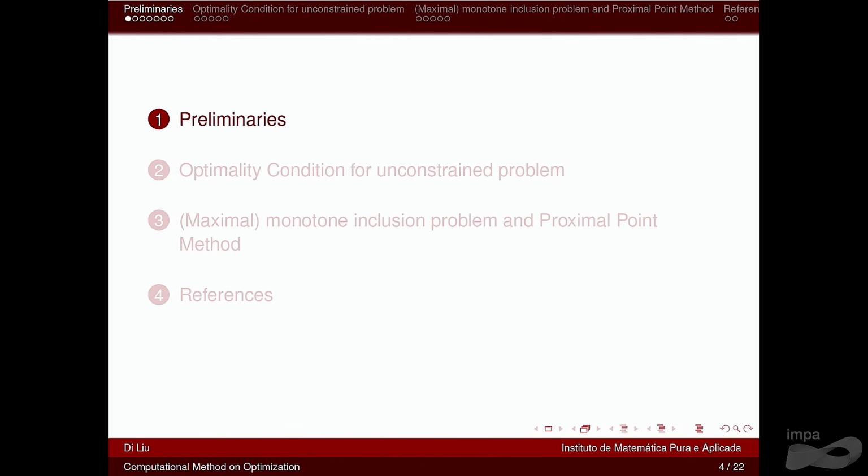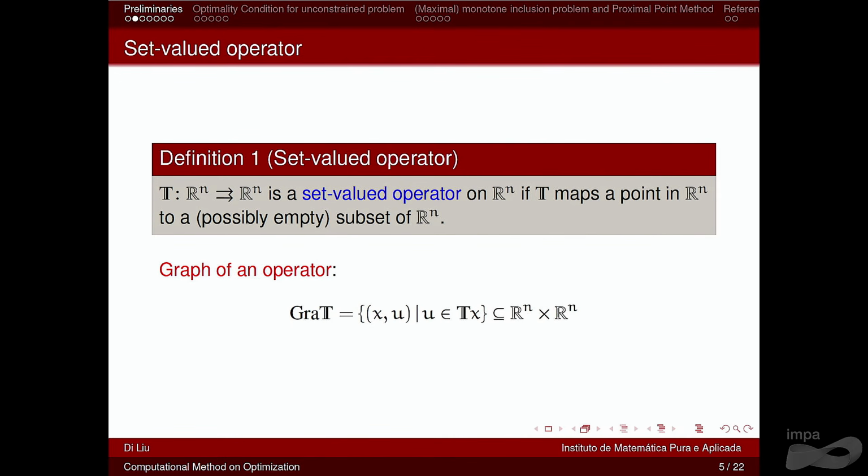Okay, so first, preliminaries. The first is we want to see what is the set valued operator or set valued mapping. T is a set valued operator from Rn to Rn if it maps a point to a subset of Rn, okay? It may be empty.